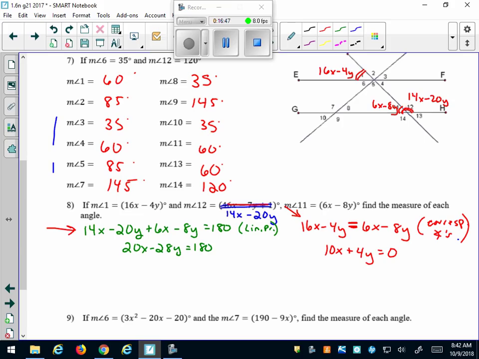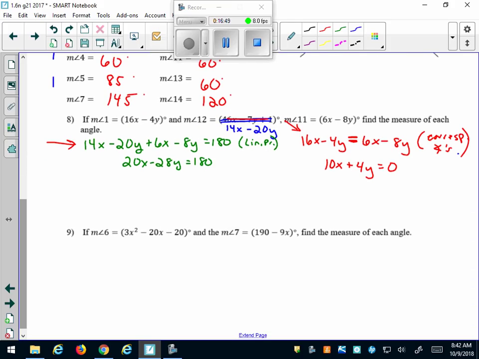If I simplify both equations, I get 20x minus 28y equals 180, and 10x plus 4y equals 0, if I put them both in standard form there. Then what I want to do is use either substitution or elimination to cancel out one variable.